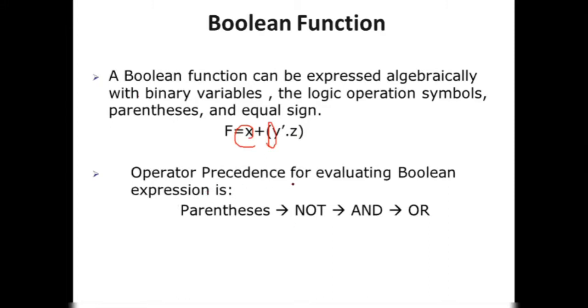And when you are evaluating these Boolean expressions, you have to follow the operator precedence: parentheses first, then NOT, then AND, then OR. Similarly, as we do in normal manipulations of numbers, we have to follow the operator precedence. So like that here also in logical equations or Boolean functions, we have to follow this operator precedence.